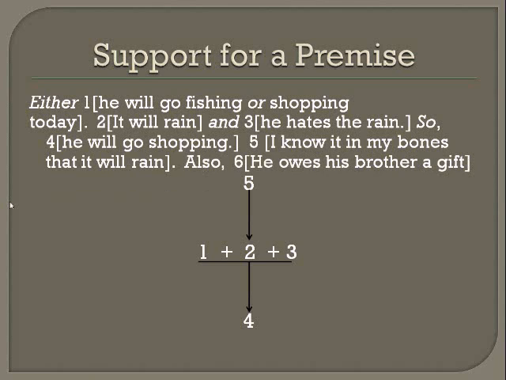Let's add then another claim. Let's say there's a completely additional reason for why he's going shopping, and the other reason is that he owes his brother a gift. Well, we can diagram that as a completely independent premise of the rest, where the first set we have a disjunctive argument. Let's say there's only 2 things he's going to be doing today.